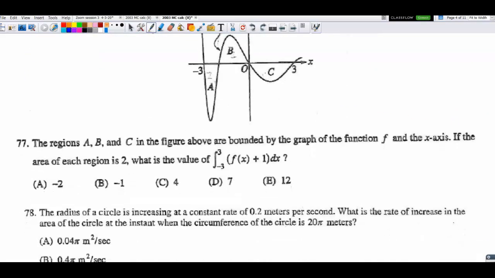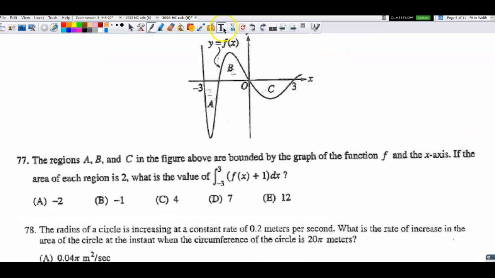In number 77, they are telling us that the regions A, B, and C, so here's A, here's B, here's C, in the figure above are bounded by the graph of f and the x-axis.